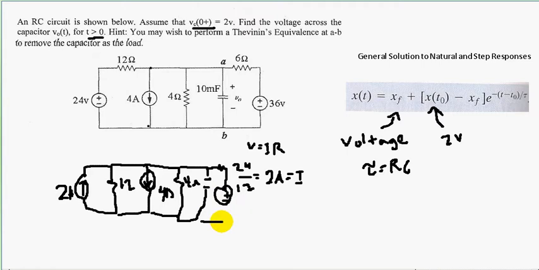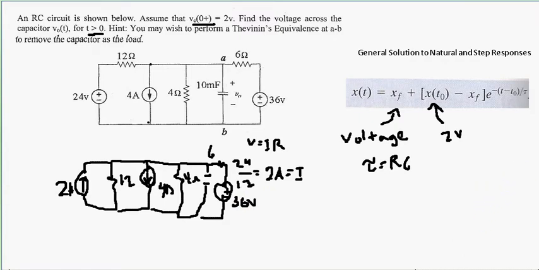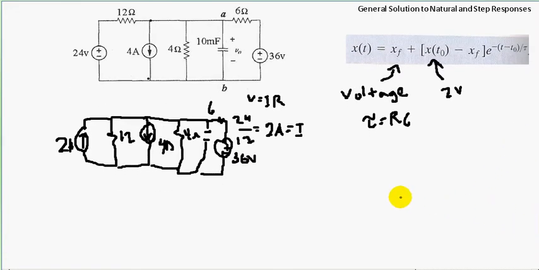Now, just a little trick to know: when you have independent current sources in parallel, you can add them up. If you have independent voltage sources in series, you can add them up.